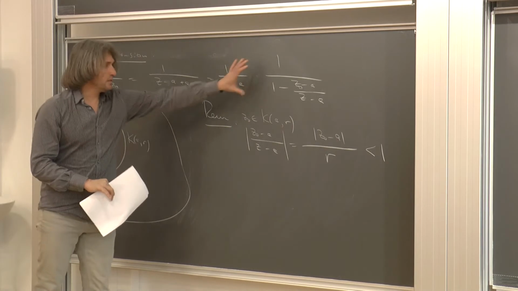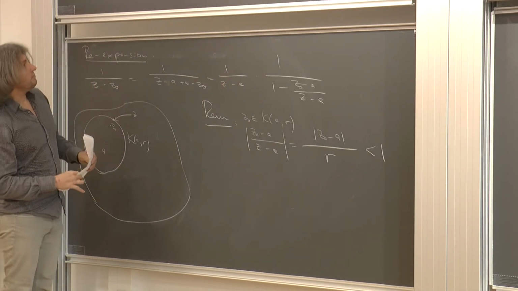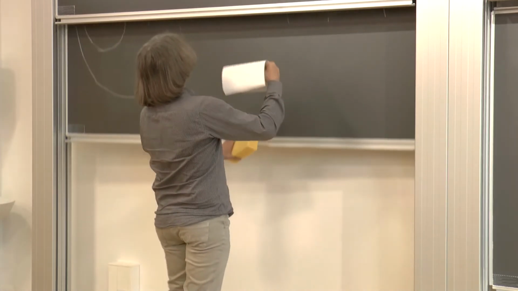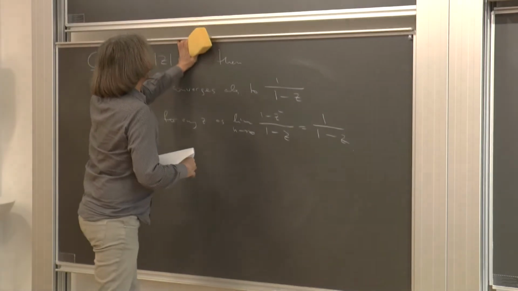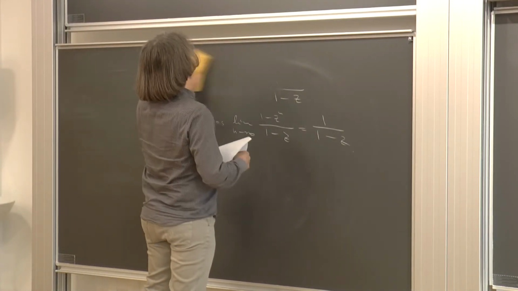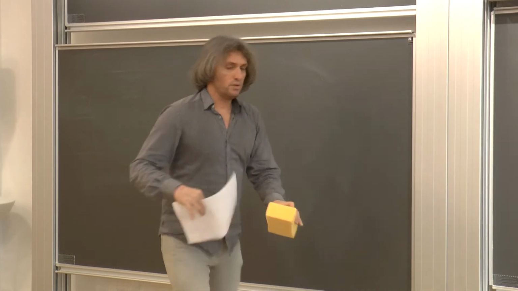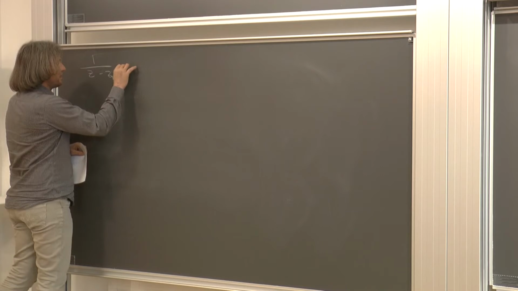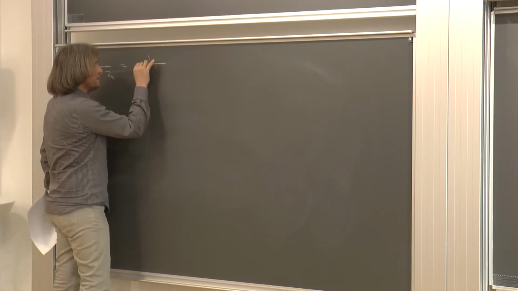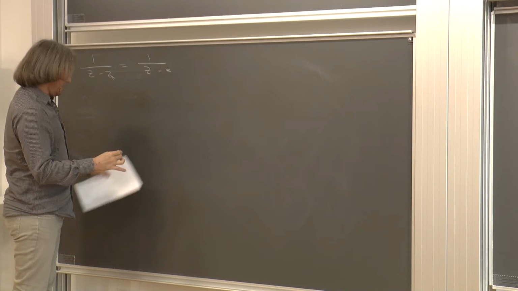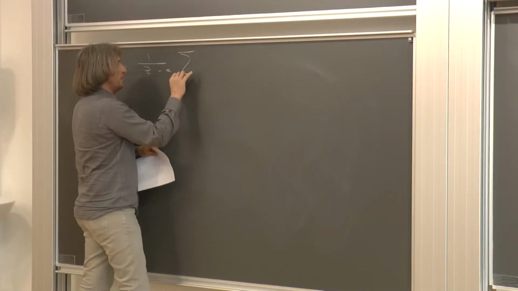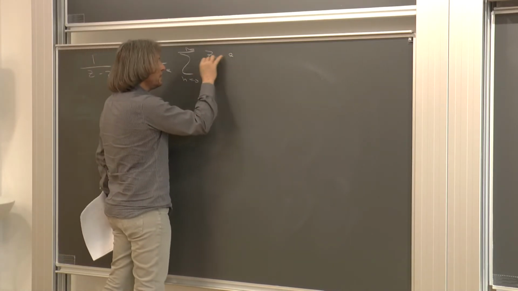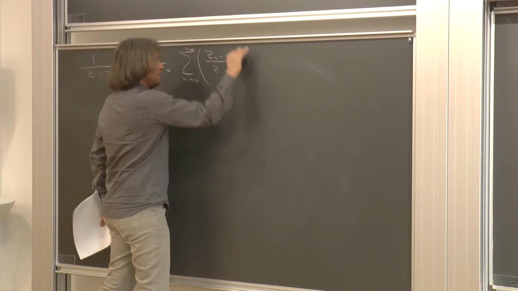So we can expand this as a series. Let's do it. 1 over z minus z naught: the first factor stays, and the second factor becomes the sum n equals 0 to infinity of (z naught minus a over z minus a) to the n.